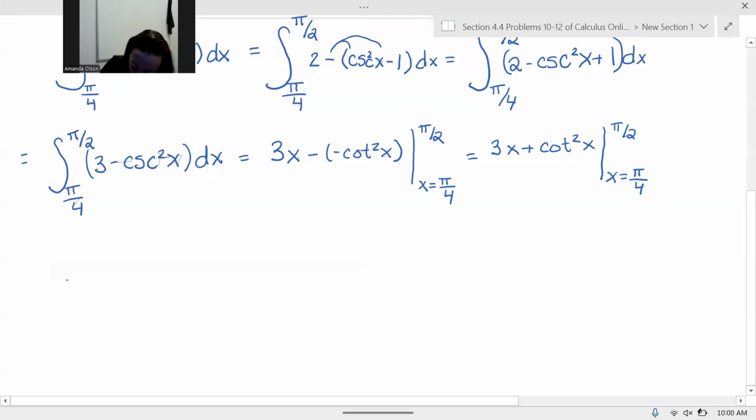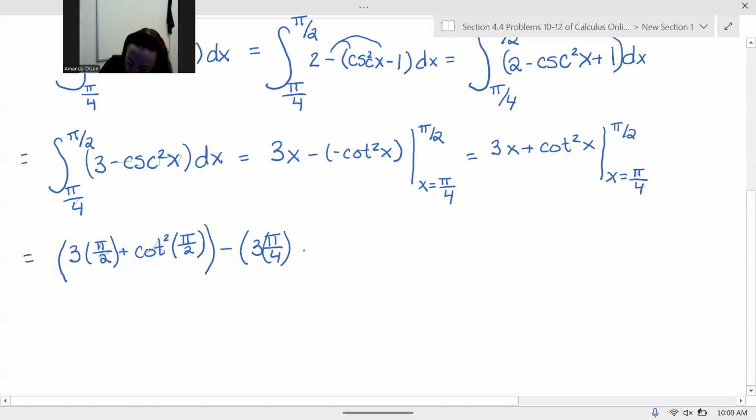So then we're going to have 3 times pi over 2 plus cotangent pi over 2 minus 3 pi over 4 plus cotangent pi over 4.